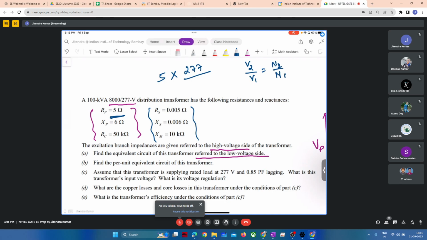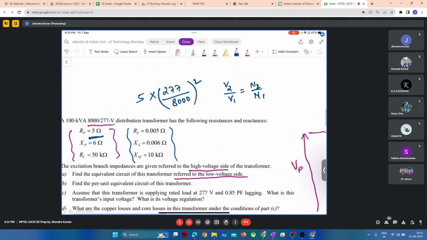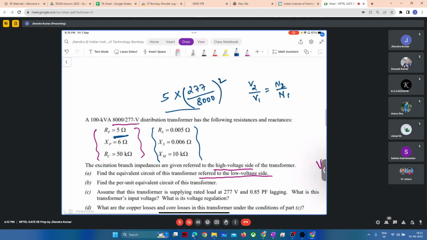So at the place of number of turns, I am conveniently writing the amount of voltage, divided by the side you are referring from. So that is 8,000, and you have to calculate it. Okay, so that will be the value of primary resistance referred to the secondary side. So please calculate this value. Someone please calculate this value for me.